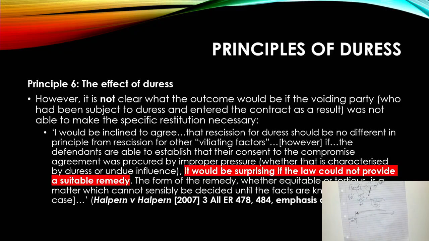Does that stop them from being able to use the duress defense to have the contract declared void? That is, they can't return or restore what they received under the contract, even though it was procured by duress against them. Okay?